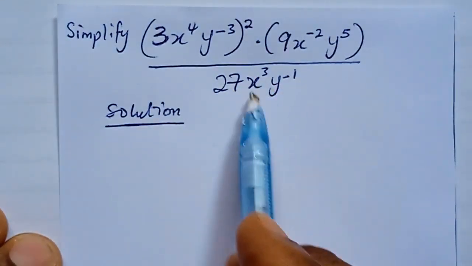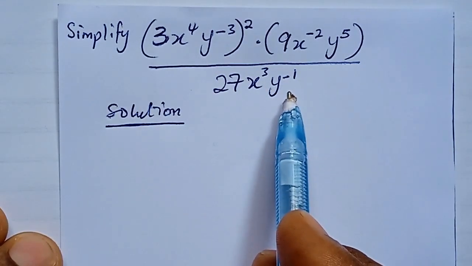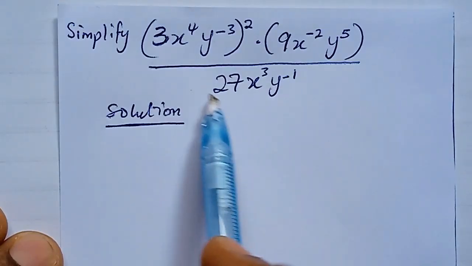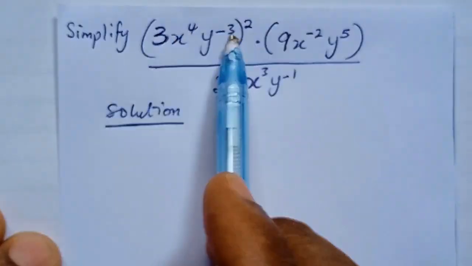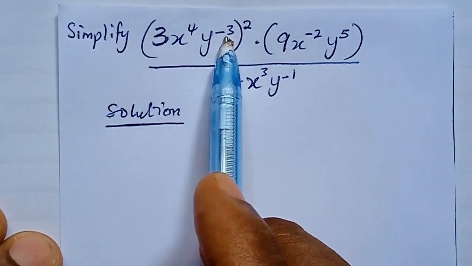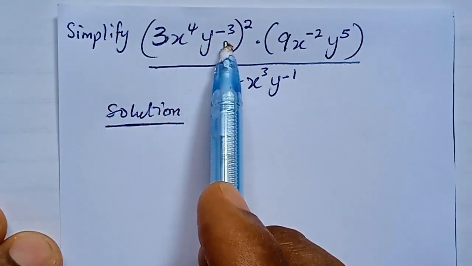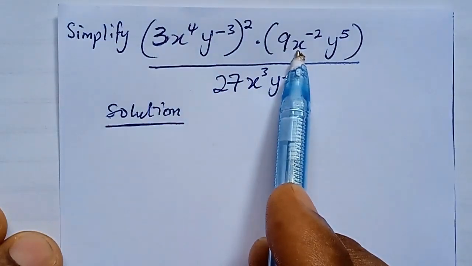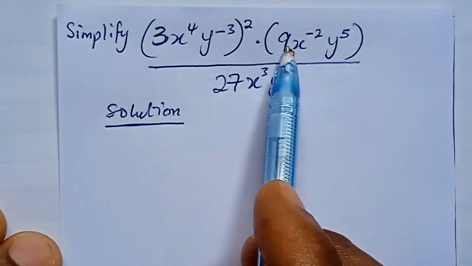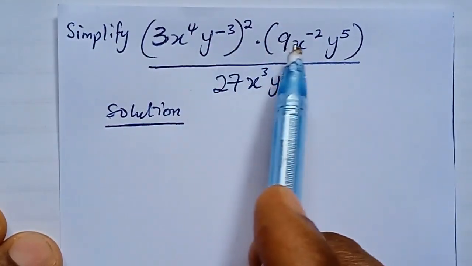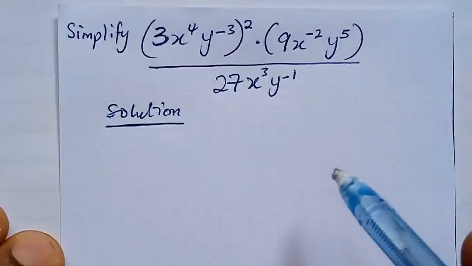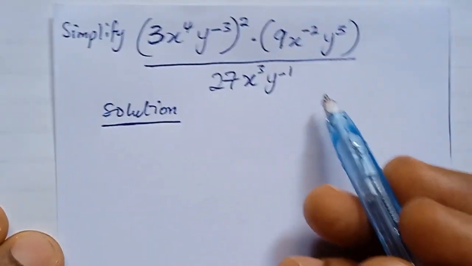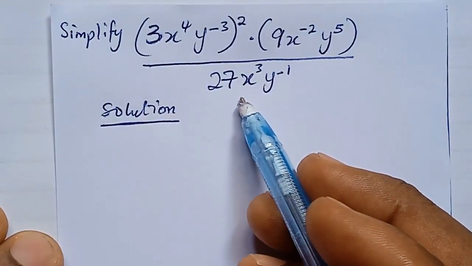To simplify this expression, what we need to do is to first open the brackets of the first term over here at the numerator. There we now multiply by the other term at the numerator. Thereafter we now divide it by the denominator.